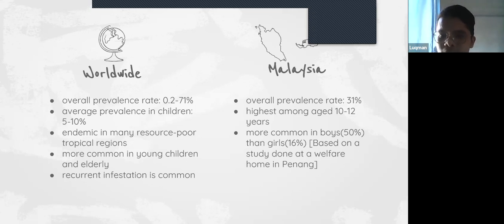It is highest among age 10 to 12 years old. It is more common in boys, which is 50%, and girls 16%. This is a very limited study, but it can show us that Malaysia, a warm and tropical country, is a favorable habitat for these Sarcoptes scabiei to live and multiply.